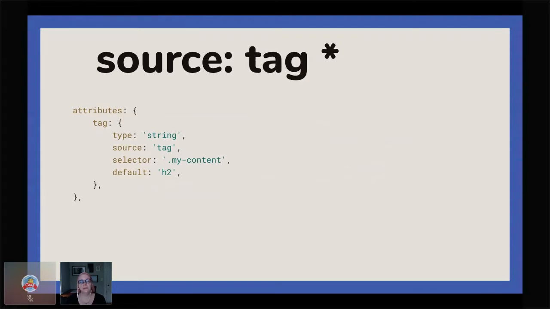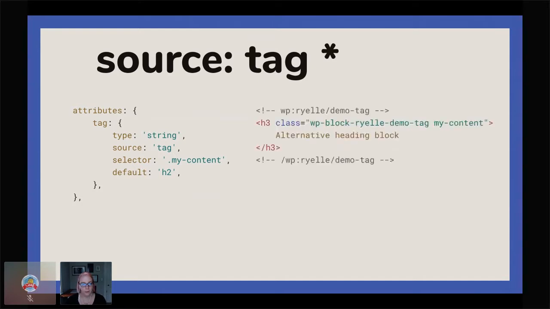So the source tag is not really documented at the moment. I think it might be pretty new. It is literally just the tag name of the selector that you find. So for example, we can say this tag should be the value of the selector my content, class my content. So in this example, we have the H3 with the class name my content on it.